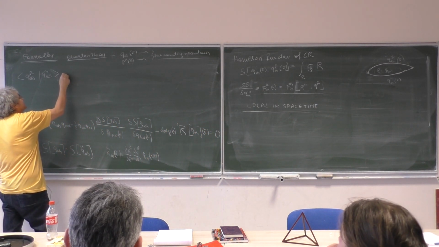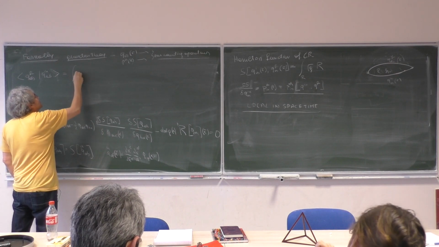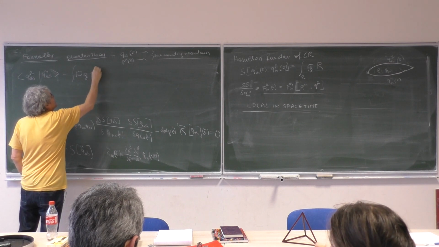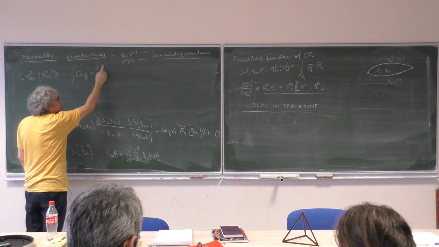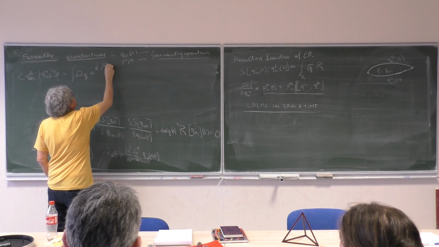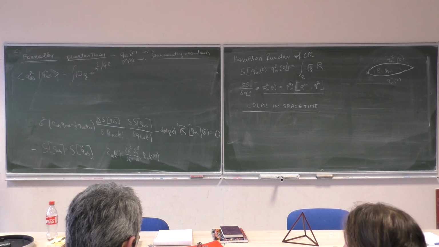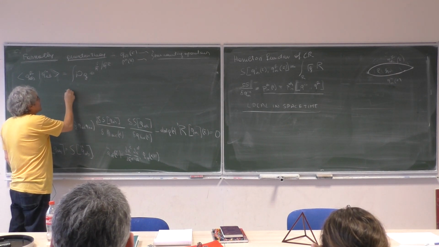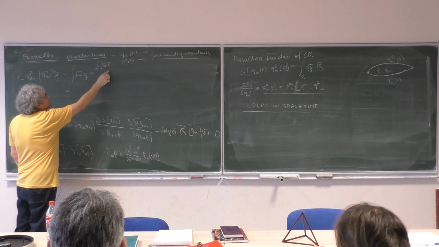Now formally, this is the functional integral on 4-geometries of e to the i over h bar, the Einstein-Hilbert action, the integral of square root of g R. Formally. Which, again, formally is going to be dominated by the classical solutions.